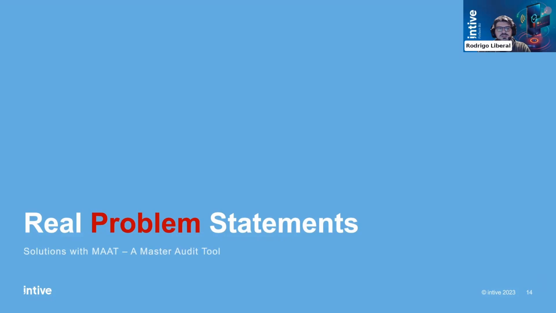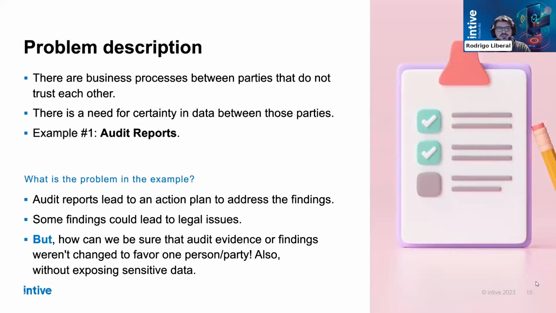In order to better understand how the master audit tool works, let's start by describing the problem. For example, there are some business processes between parties that do not trust each other, and there is a need to exchange certain data between those parties. For example, an audit report.